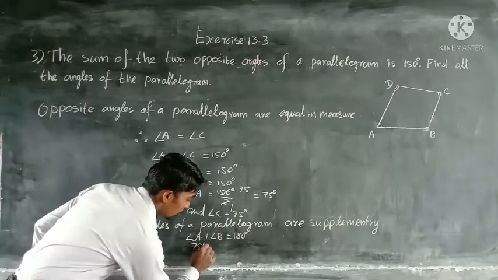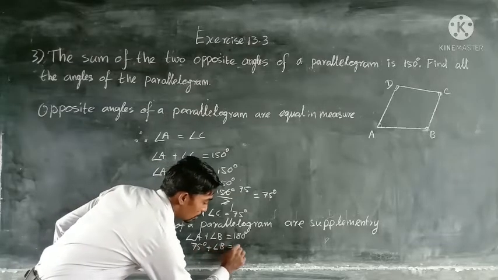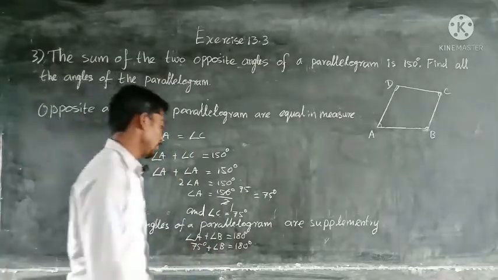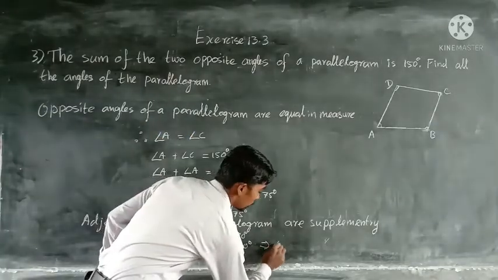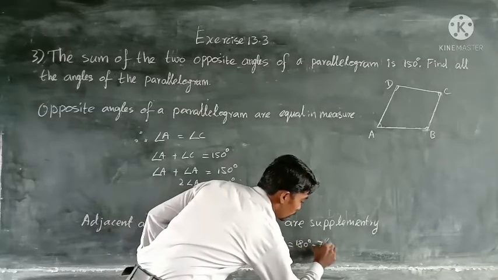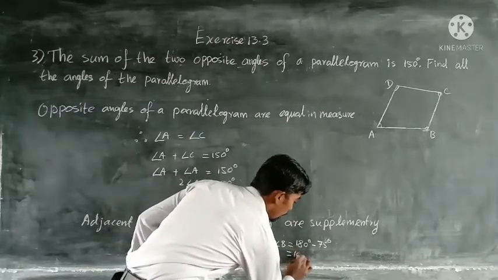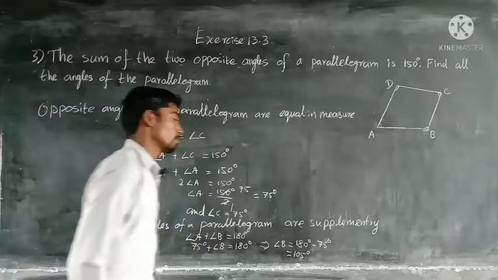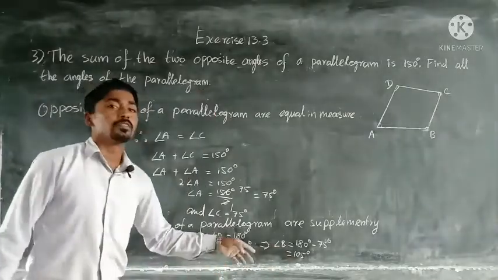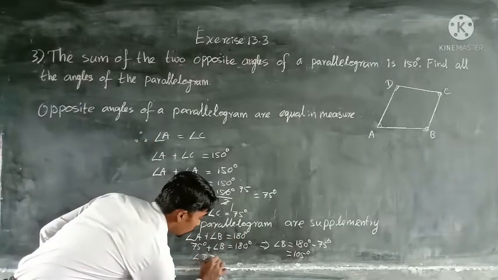Substitute angle A is 75 degree plus angle B is equal to 180 degree. 75 degree we should take it to other side. We'll get minus. Angle B is equal to 180 degree minus 75 degree. If we subtract this value, you will get 105 degree. Therefore, angle B is 105 degree. Then definitely angle D also 105 degree.